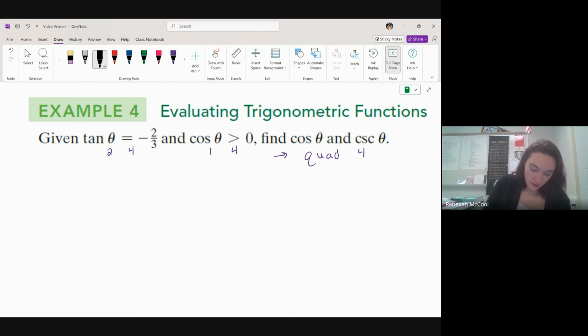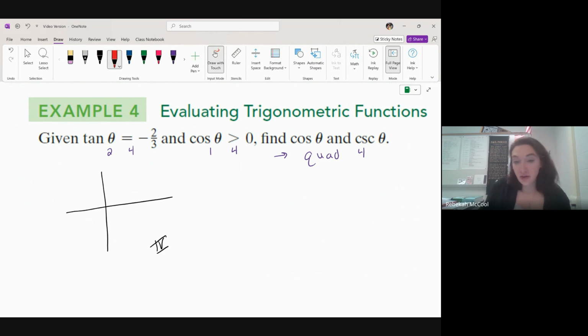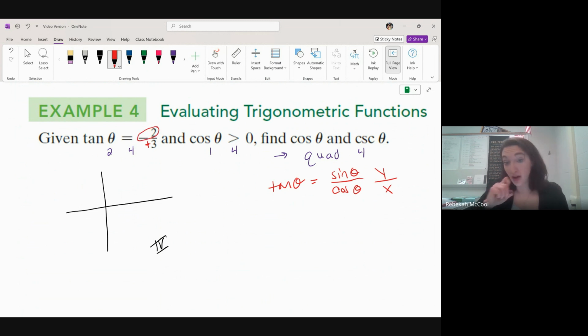So when we think about quadrant 4, down here at the bottom, we know that cosine is positive. So that's our x value is positive. So that means if tangent is sine over cosine, or y over x, that means x has to be positive, which means the negative goes with our y value, which should make sense in quadrant 4.